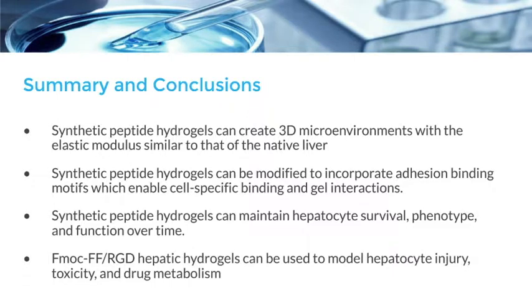And so, by doing that, we can now show that we can model hepatocyte toxicity and injury and drug metabolism in vitro in a system that can maintain their differentiated function over time, and in the future, our plan is to move forward and use this to model more complex disease phenotypes.